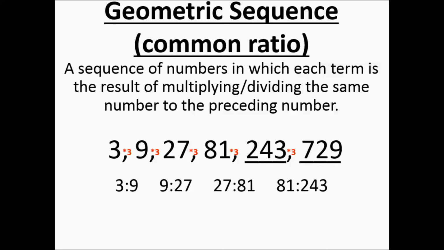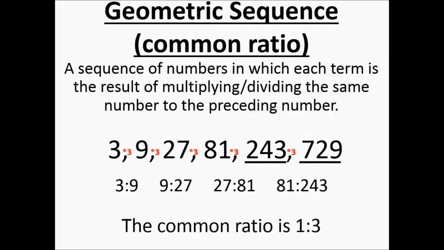Now when you take each pair of numbers, if you look at the 3 to 9, the 9 to 27, 27 to 81, if you get those ratios in lower terms, they all break down to the same ratio. They will all break down to a common ratio of 1 to 3.